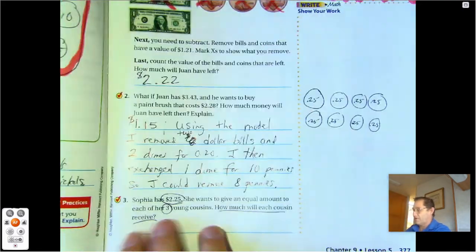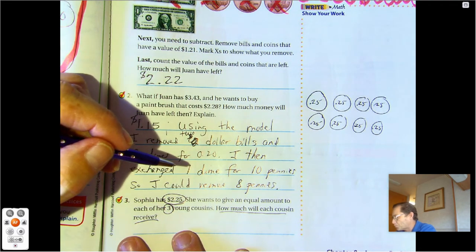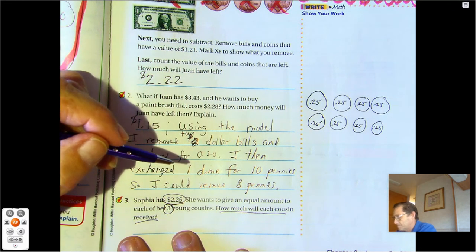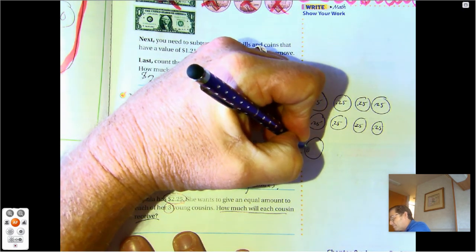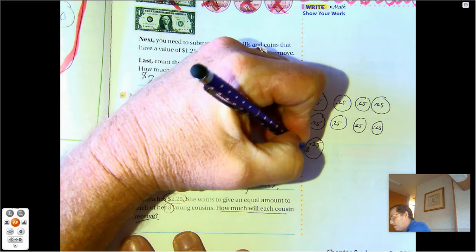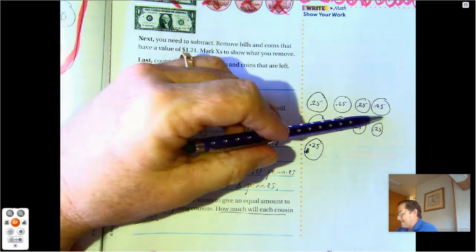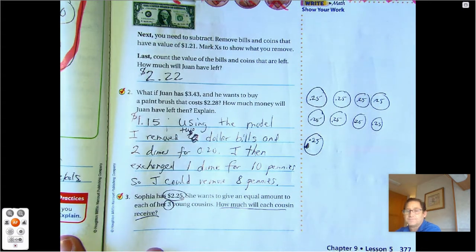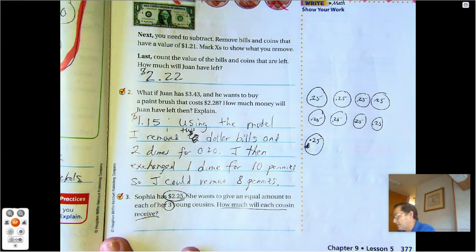All right, so now I have $2 and now we have 25 cents. So right now we have 2, 4, 6, 8, 9 quarters and we have 3 people. Can I put these into 3 equal piles? Let's see.